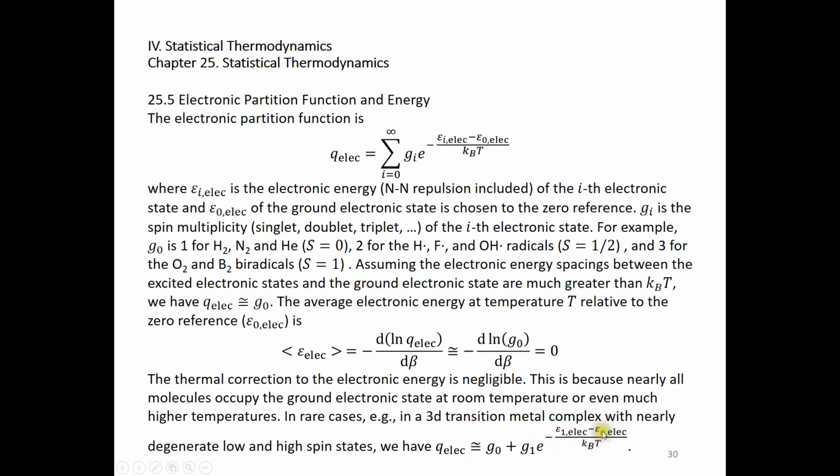Epsilon_0 is the energy of the ground electronic state and epsilon_1 is the first excited state. So if the difference between the ground and first excited electronic states is very small or comparable to kBT, we need to include the second term in this sum as well.